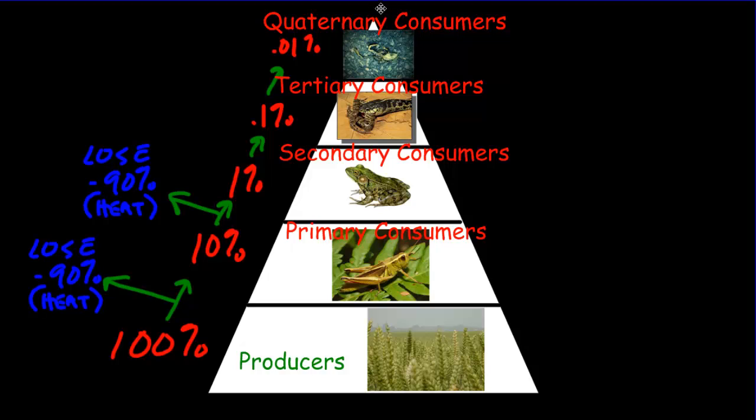So there's 0 left here at the peak after the quaternary consumers are all done with it. But we call this rule the 10% rule, or the 90% lost rule, or however your teacher likes to put it. But in any case, within these transfers, either 10% is available, or 90% is lost, however you want to look at it.